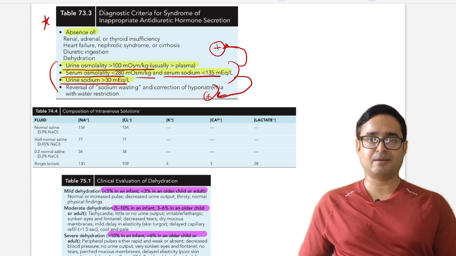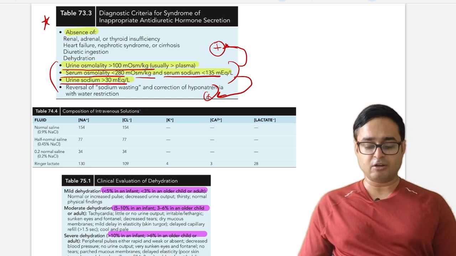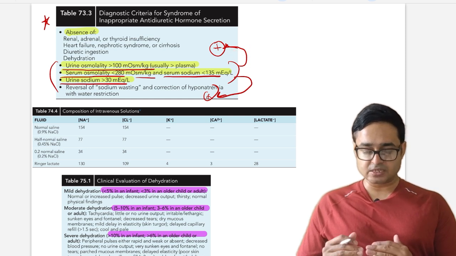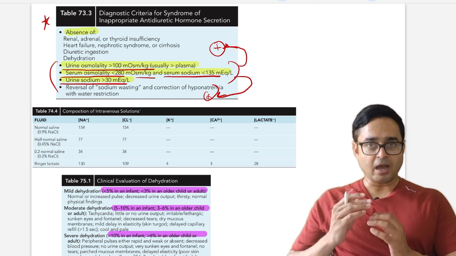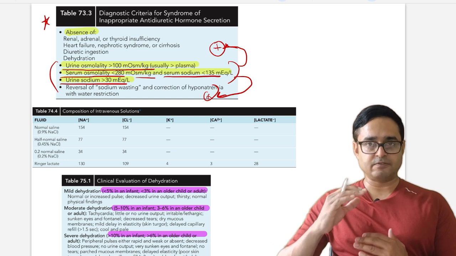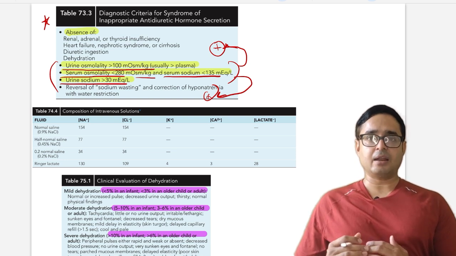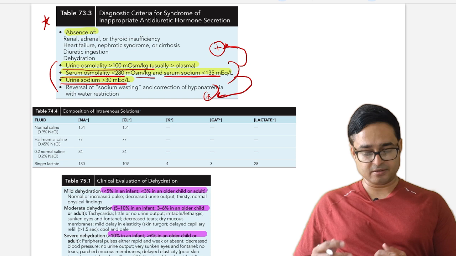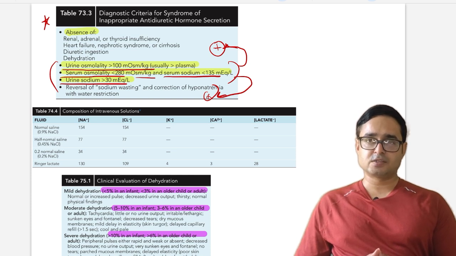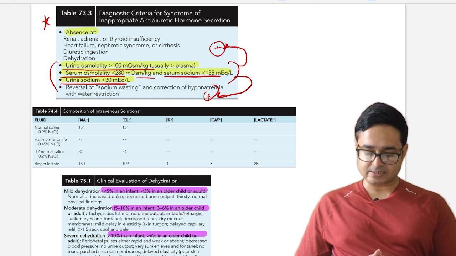If these are present, you can classify this patient as syndrome of inappropriate antidiuretic hormone secretion, SIADH. So just remember the core criteria of SIADH in form of urine osmolarity, plasma osmolarity, serum sodium and urinary sodium, along with absence of certain features, along with correction of hyponatremia. This will lead you to the diagnosis of SIADH.